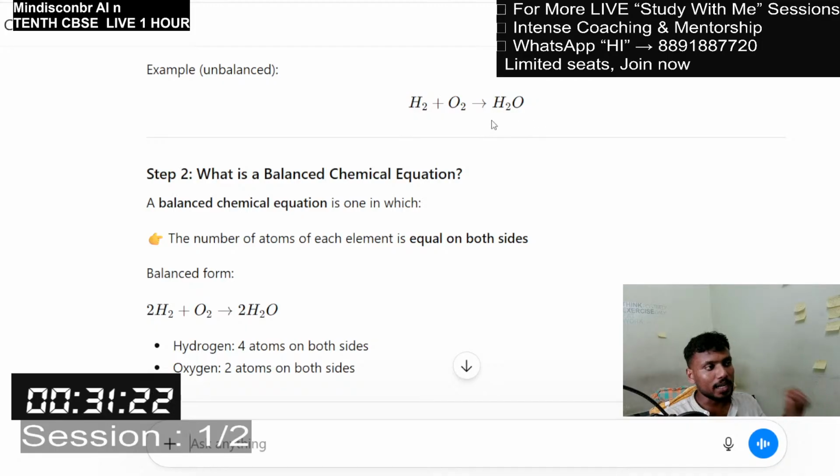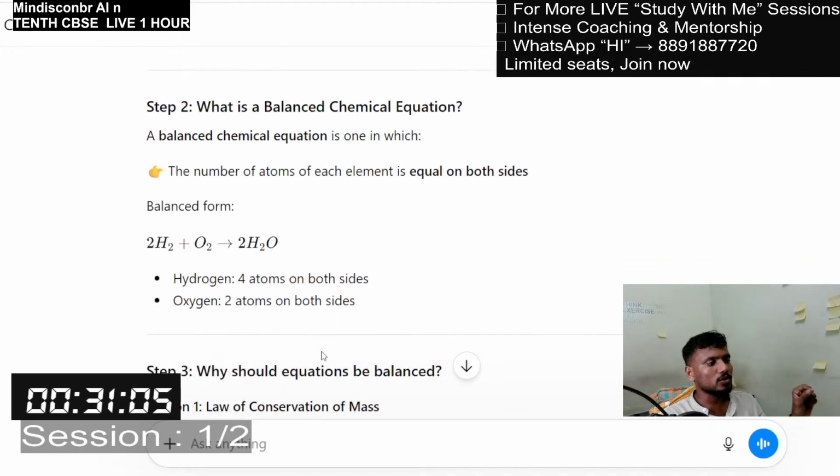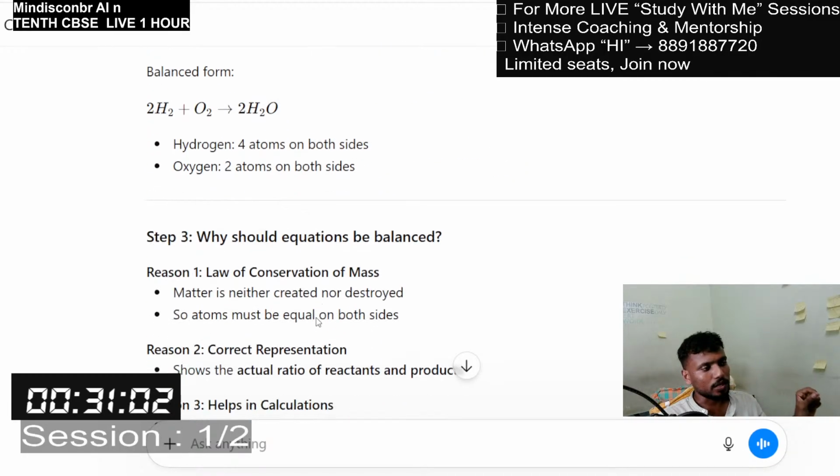So when we balance it, we get 2H2 plus O2 gives 2H2O. Here 4 atoms of hydrogen on both sides, and 2 atoms of oxygen on both sides.